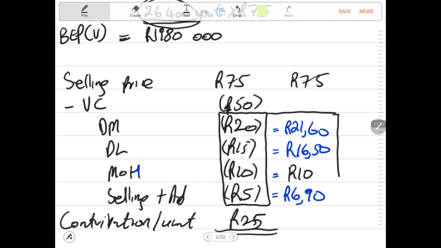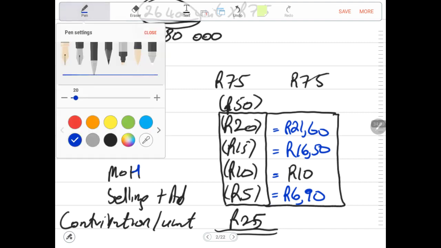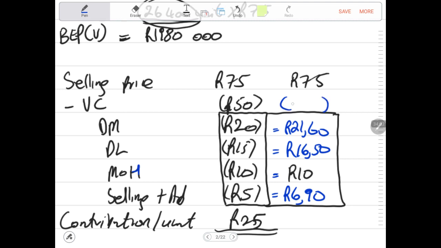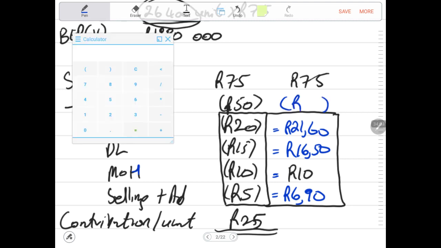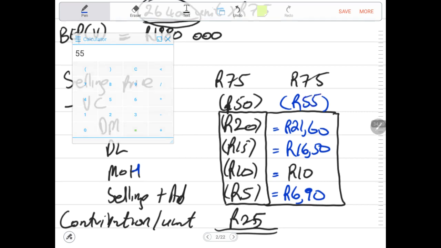Then obviously the total of them will be in a different color because the net has changed. Then we say 21 Rand 60 cents plus 16 Rand 50 cents plus 10 Rand plus 6 Rand 90 cents, and this gives us 55 Rand as our variable cost.